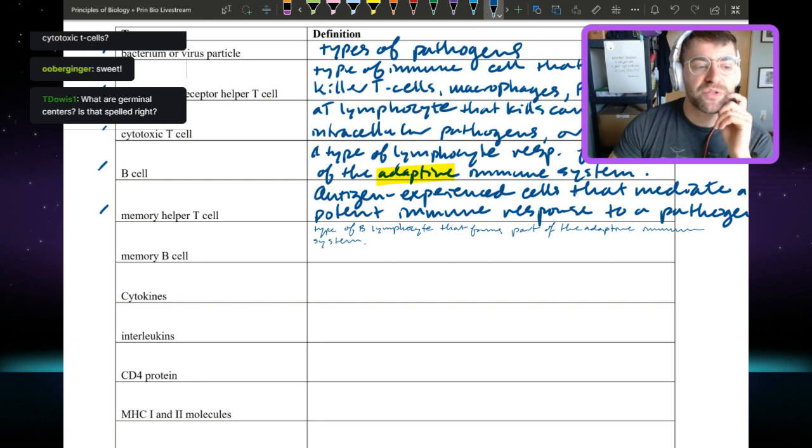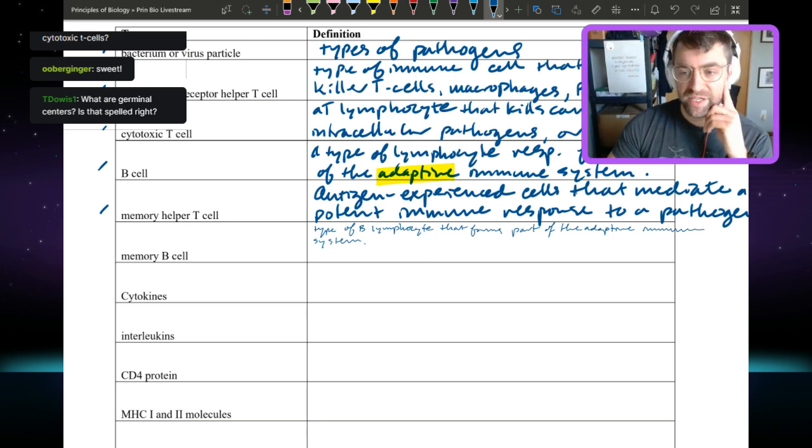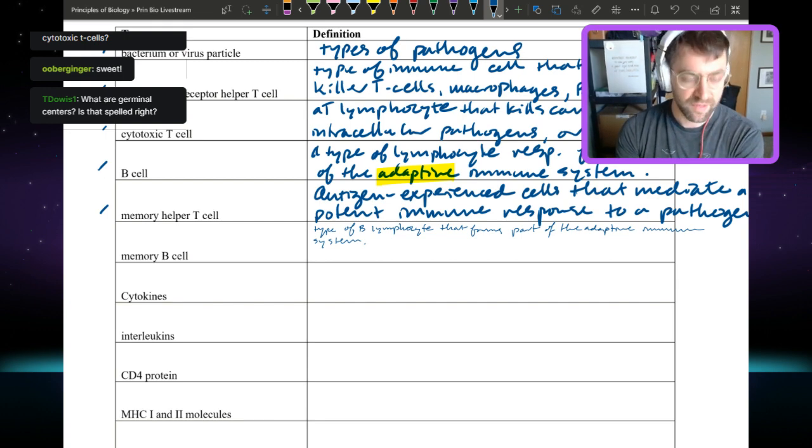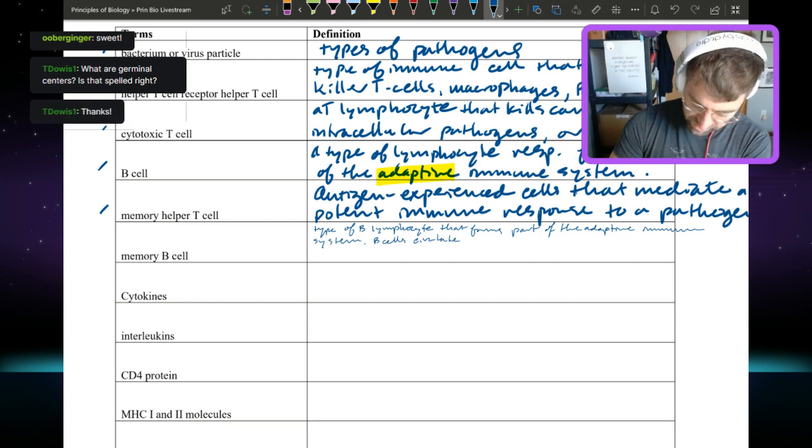It's a specialized microstructure that forms in secondary lymphoid tissue, and it is specific for memory B cell production. So important here, B cells circulate memory B cells. Circulating the bloodstream long term.